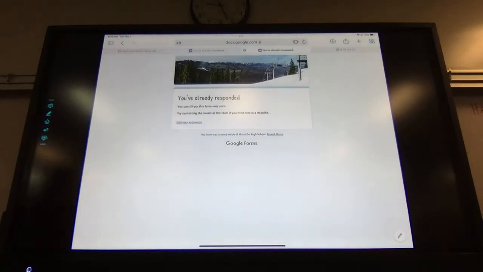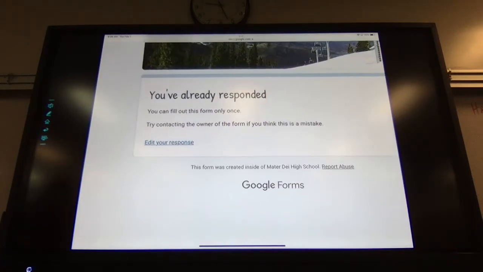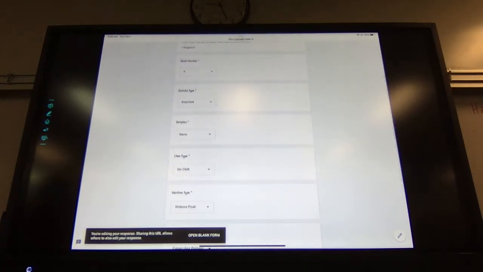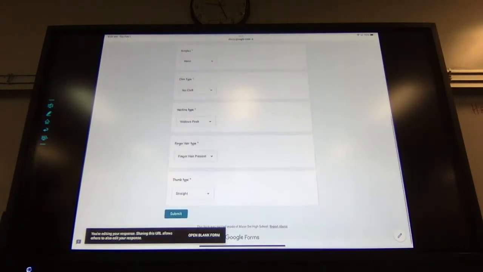I've already done it, so if that's the case, I can go in and edit my response. So you guys are block 4. And you just go and you hit the drop-down list and hit submit. So I'll give you 2 minutes to do that. And then I'm going to make available for everyone this data from all of our classes.